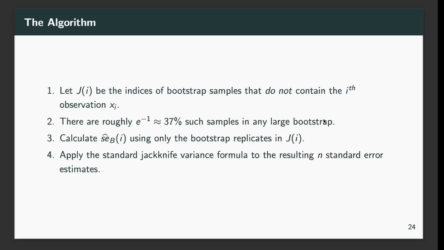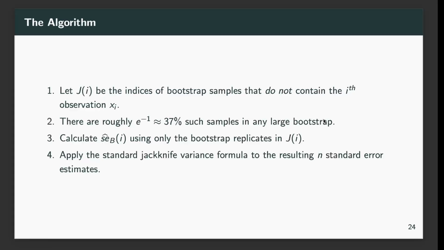The third step involves the calculation of the SE hat of i using the Bootstrap replicates in J, which is we compute the standard deviation of the theta hat star of b, for b in J, which are the Bootstrap replicates that exclude observation i.